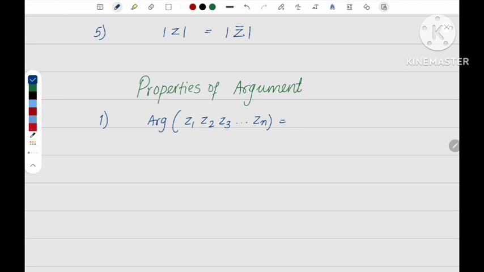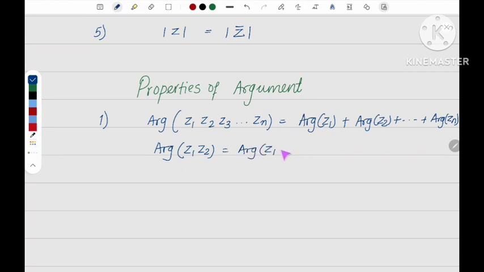Rather, sorry, if I multiply n complex numbers and take the argument, then this will be equal to addition of their respective arguments. So this will be equal to argument z1 plus argument z2 and so on plus argument zn. So in case of two complex numbers, it becomes argument of z1 z2 is equal to argument of z1 plus argument of z2.